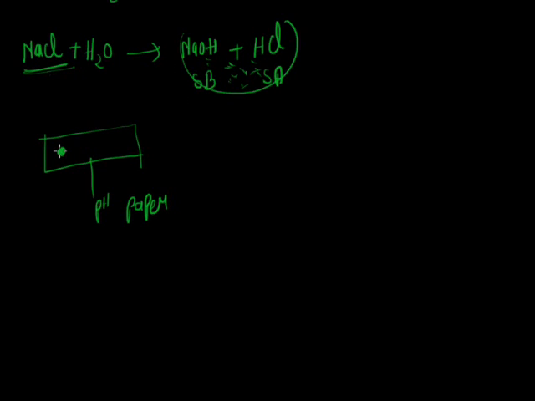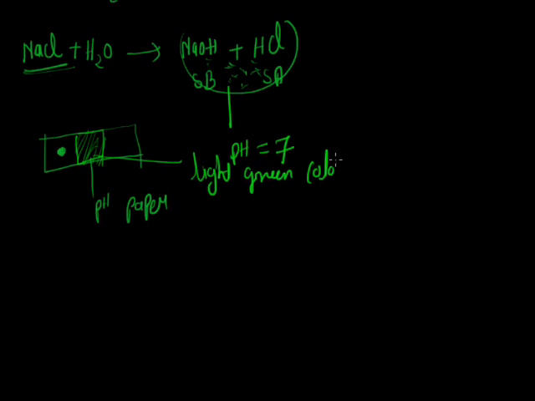The pH paper has different pH ranges, and if the solution has exactly pH 7, the color becomes light green. So the light green color indicates a neutral solution with pH 7. We can say NaCl is a neutral salt with pH 7.